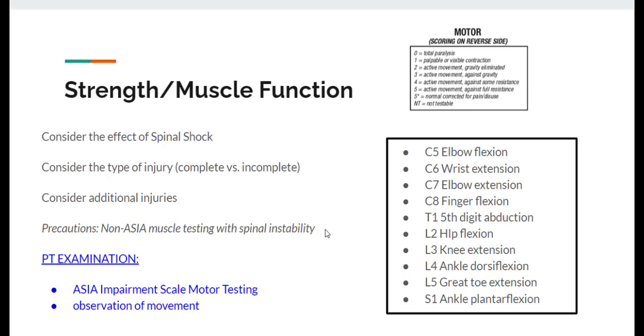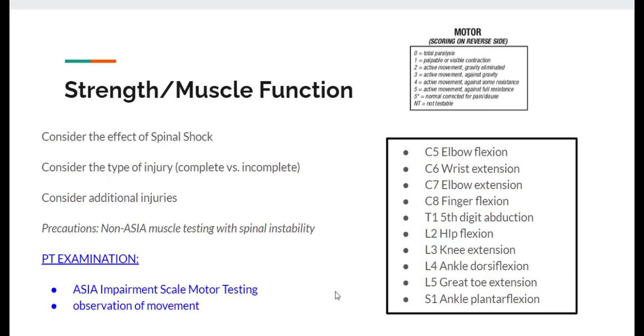They may also start to develop some more movement, especially with the incompletes. We're trying to really watch that because we want to gear our interventions to maximally strengthen everything that shows the smallest flicker of movement.